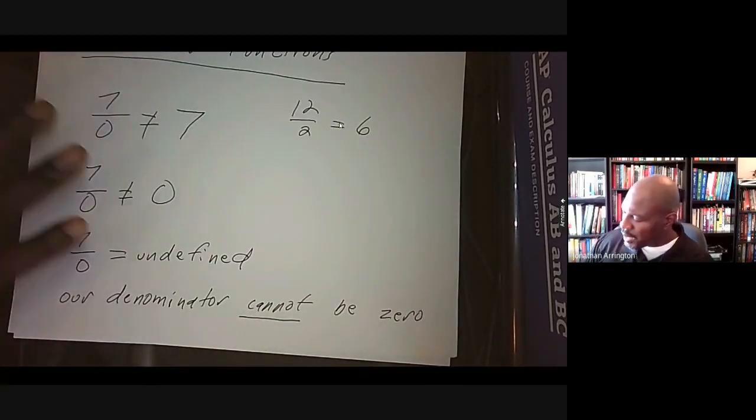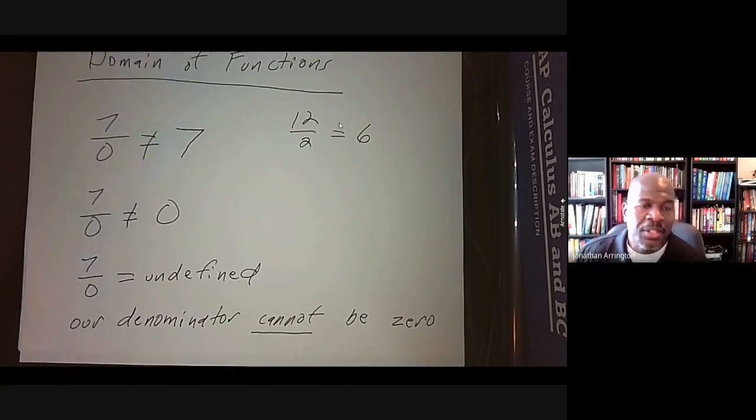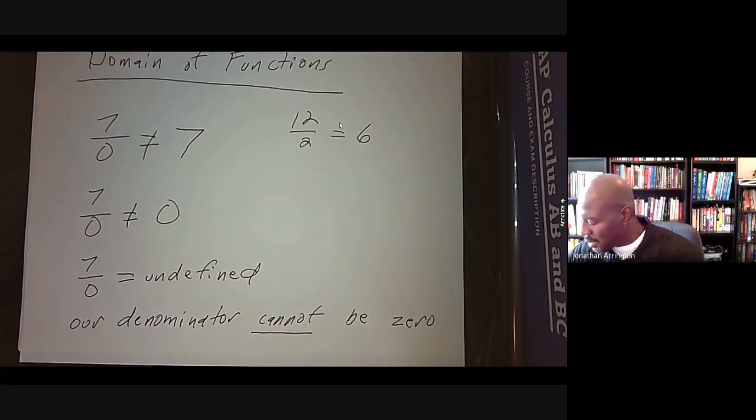Now, when we're finding domain of functions, we're finding all the values that we can plug into the function and get a real value back. So we're finding all the acceptable values that the function can take. And not all functions can take all real numbers. So some of them have restrictions because certain numbers will cause for one thing, their denominator to be 0.